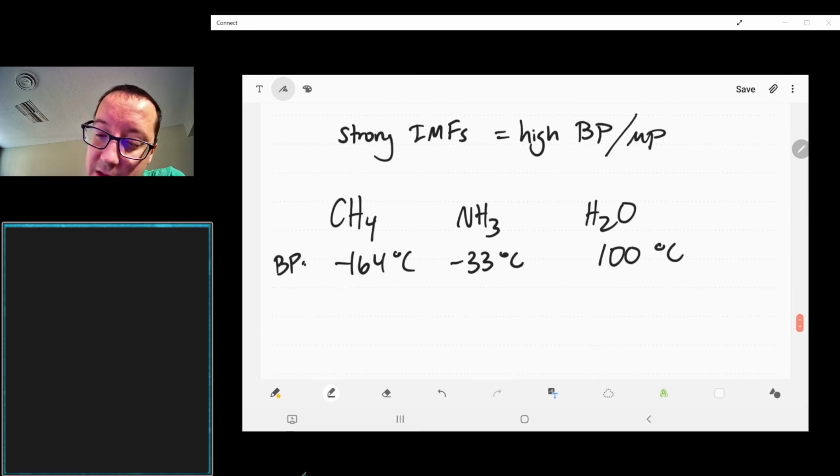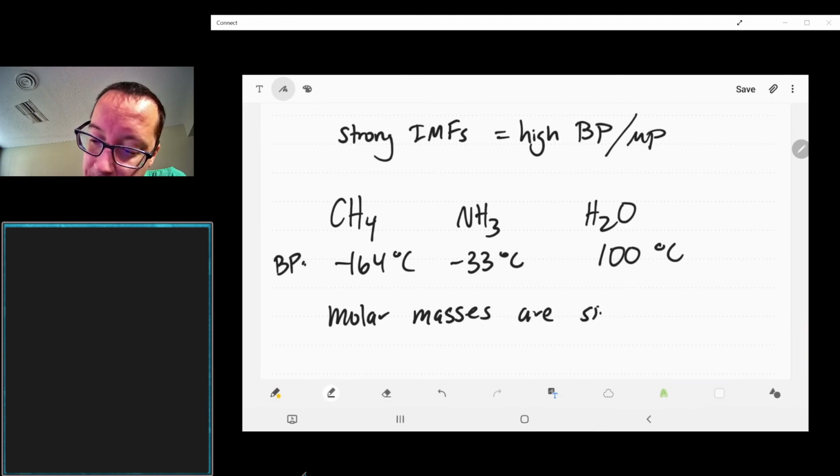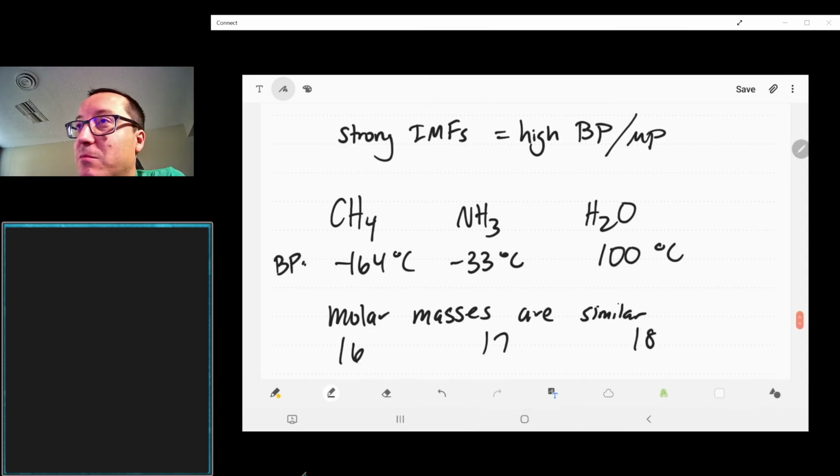And so even though their molar masses are similar, so if you want to think of things that are heavy as harder to boil, that's true. But all of these are roughly the same. They're just slightly different, but not really a huge difference in their molar masses. But we see that because we have stronger intermolecular forces in water, it will boil at a higher temperature.